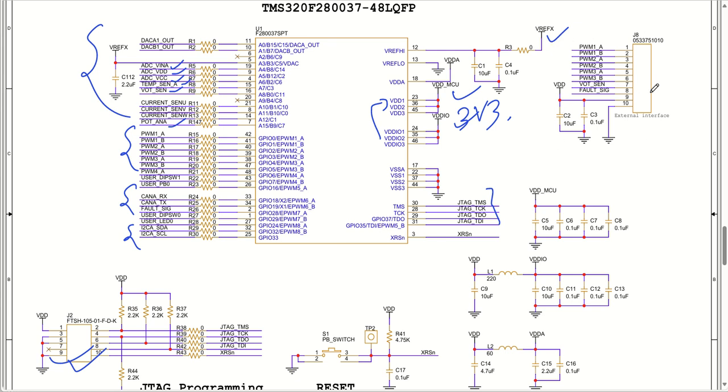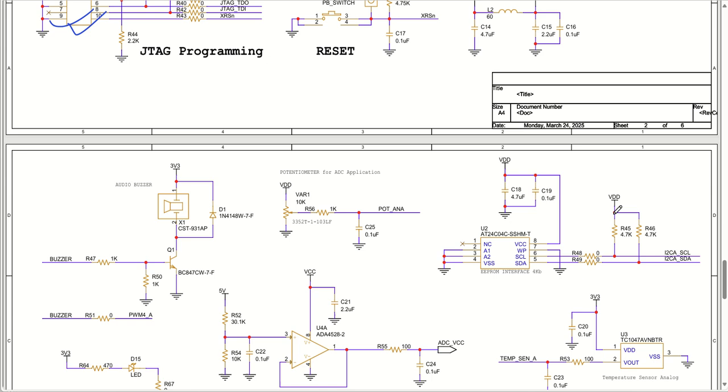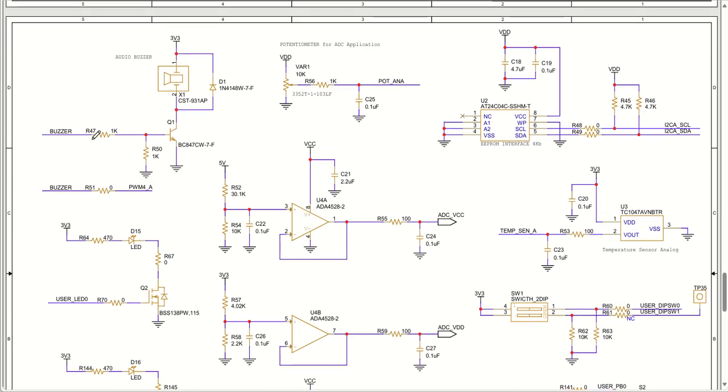We have put an external connector as well for all the PWM signals as well as the temperature sensor and fault signal. So this board can help you use an external IPM evaluation board or something. Similar to that, we have the discrete part. In the discrete part, we have an audio buzzer, a potentiometer, and an EEPROM interface through I2C.